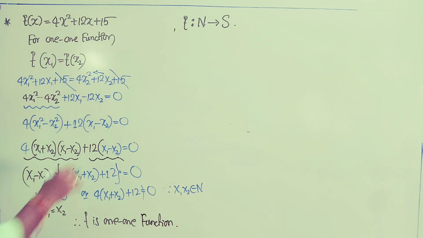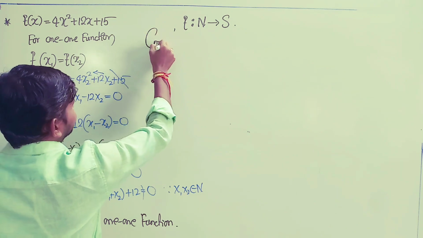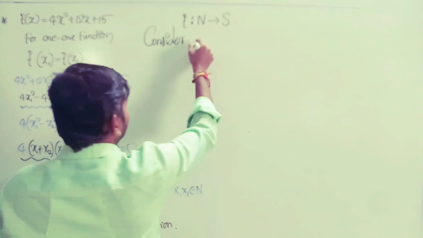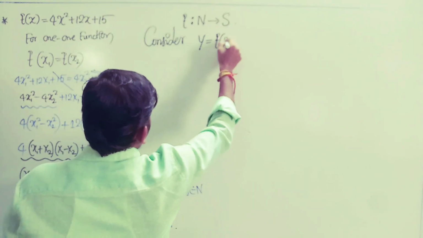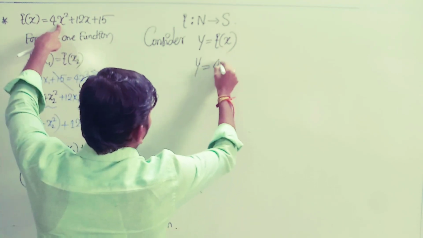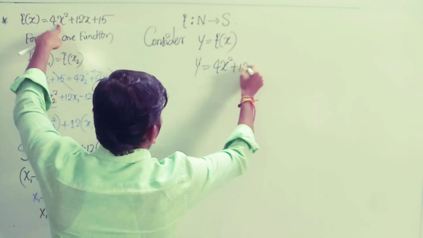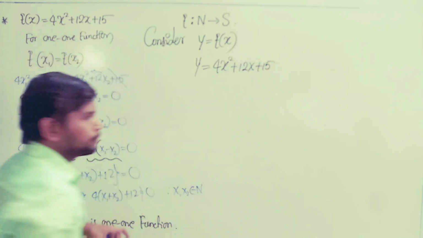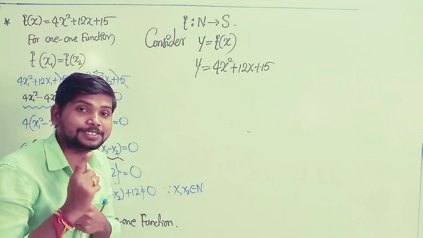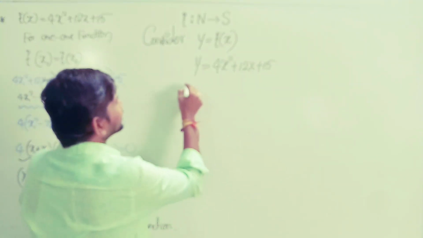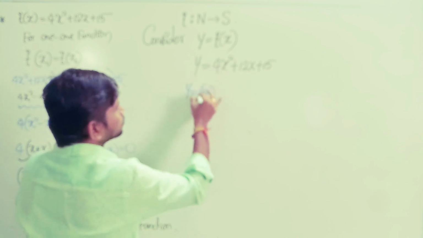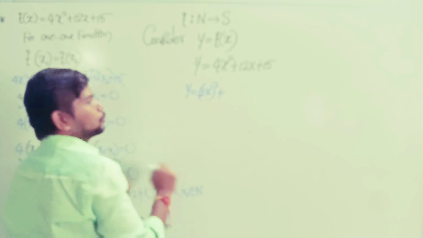After this, you already know how we have to solve. Exactly. I need to consider the given function y is equal to f of x. Y is equal to, what is this f of x? It will be 4x square plus 12x plus 15. I already told you I need to go with the completing the square method. Completing the square means y is equal to, how do I write 4x square? It will be (2x) whole square, means a value will be 2x.